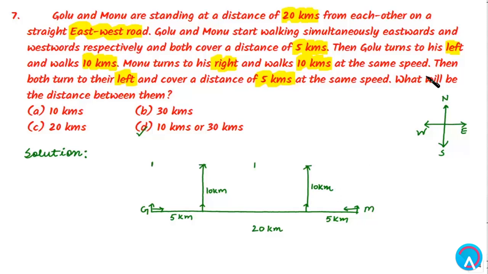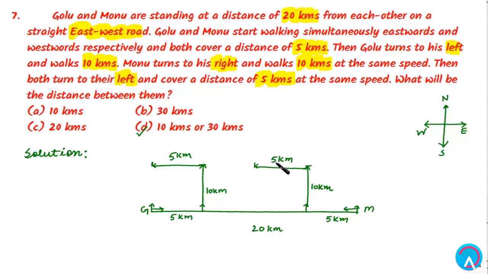Next it is given that both turn to their left and cover a distance of 5 kilometers. So Golu, if he turns towards his left, moves in this direction and covers 5 kilometers. And Monu turns towards his left, moves in this direction and covers 5 kilometers. Now we have to find the final distance between the positions of Golu and Monu.